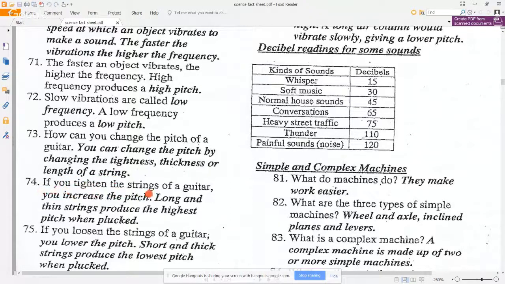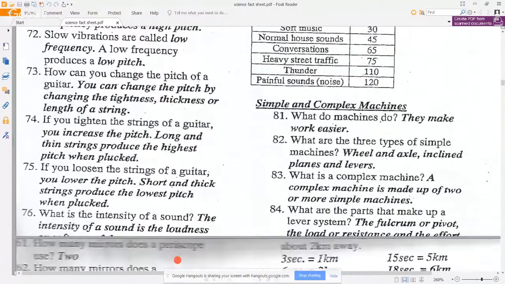If you tighten the strings of a guitar, you will increase the pitch. Long and thin strings produce the highest pitch when plucked. If you loosen the strings of the guitar, you lower the pitch. Short and thick strings produce the lowest sounds when plucked.